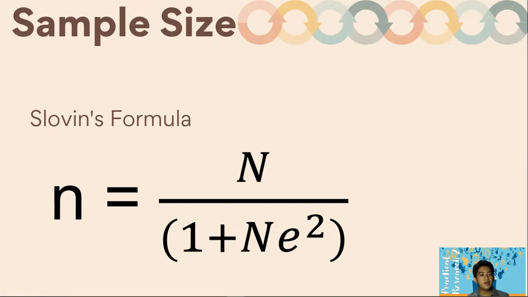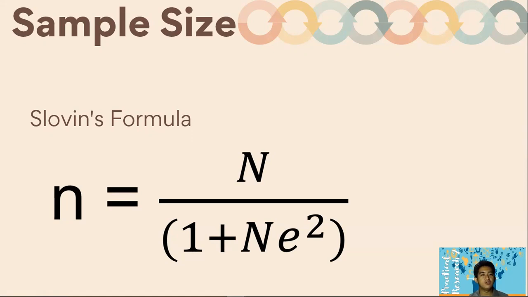So here, we tend to manipulate it: if we are 100% sure, then that's a 0% margin of error. The common ones that we use are 5% or 2% margin of error.